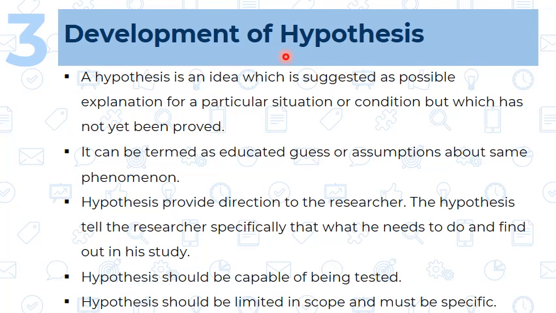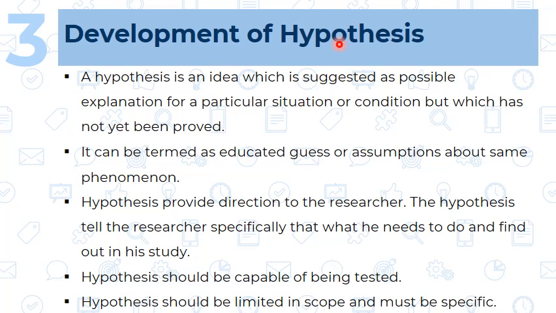Initially we just assume it, or make the prediction that this is going to be my outcome. And with the help of the research process we verify whether that judgment is correct or wrong. In other words, it can be termed an educated guess or assumption about the same phenomena.